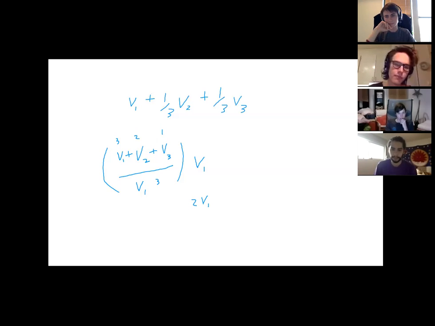So you get the condition that you have some constant divided by v1 and some constant divided by v2, and so on, and you want this constant divided by v1 plus this constant divided by v2 plus this constant divided by v3 to equal 1.